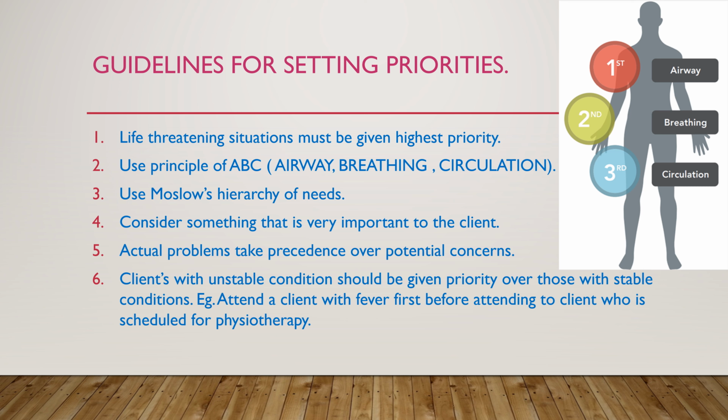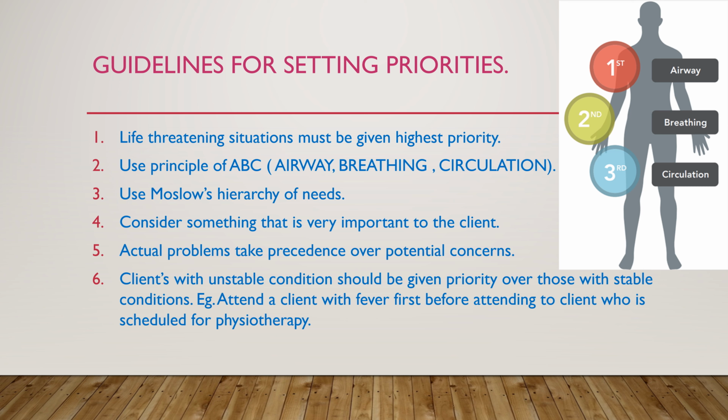Then the next thing is that you may receive some patients who are very unstable and some who are managed or somehow stable. Among those two patients, you have to make a choice. You have to attend to the patient who is unstable first. For example, you have a patient with fever and you have another patient who is scheduled for physiotherapy.